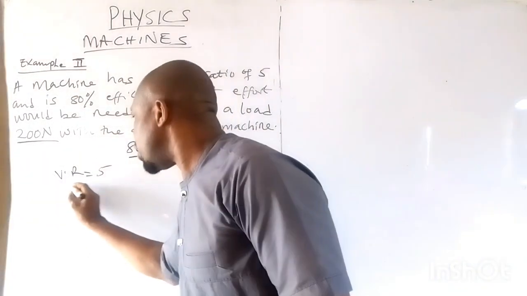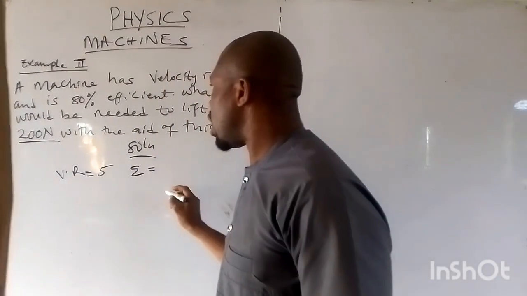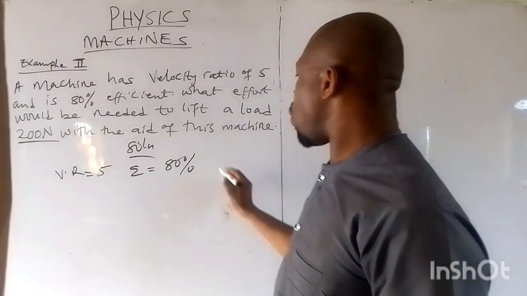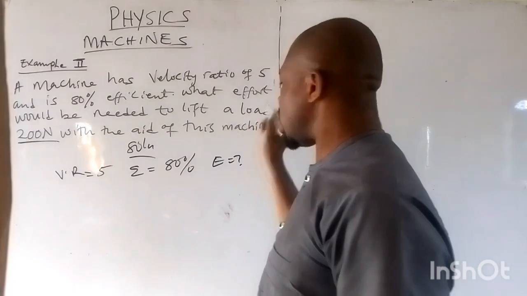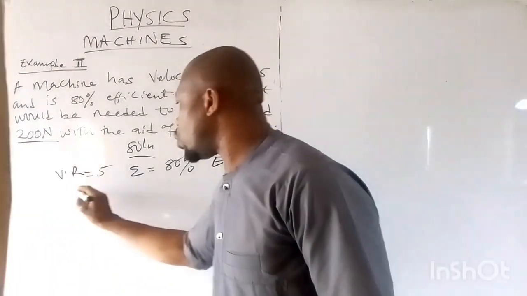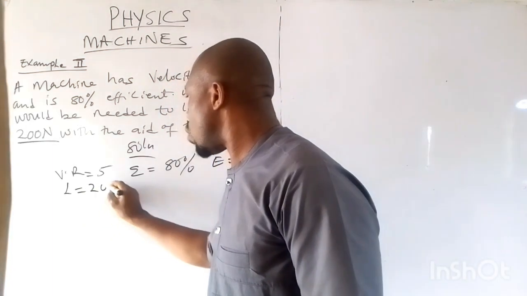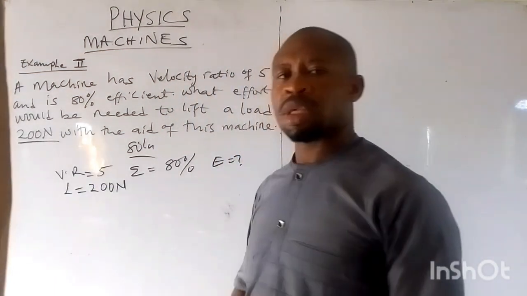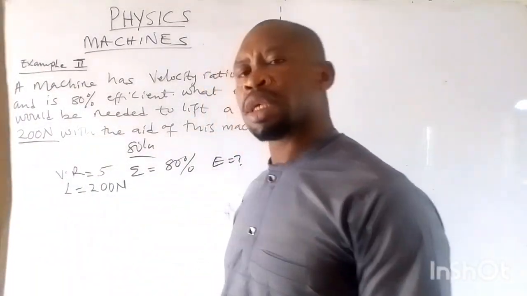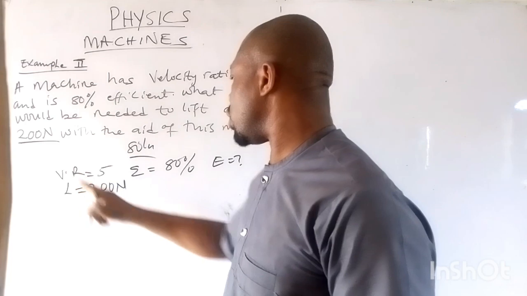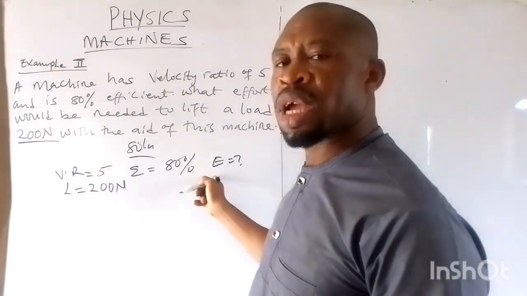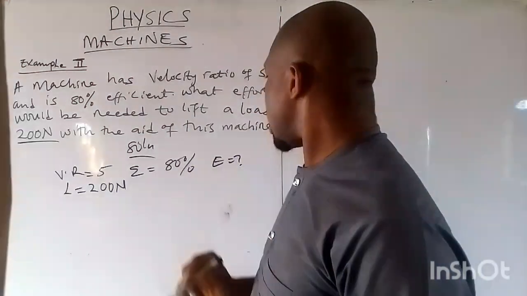Then the efficiency here is 80%. Now, what effort? They need us to get the effort that will raise a load of 200 Newton. Simple. Now, all we need to do is, because we have velocity ratio, we have efficiency, we are expected to get the effort.